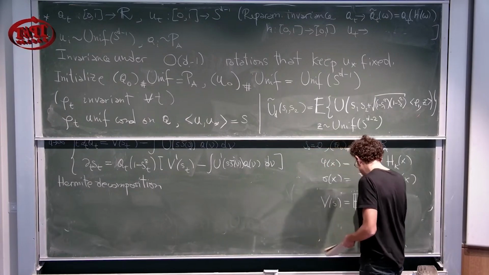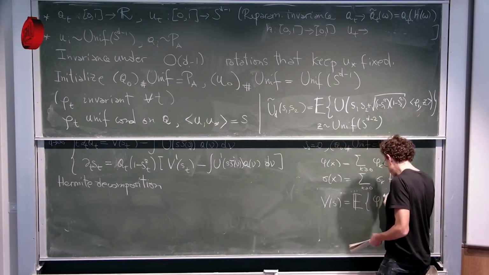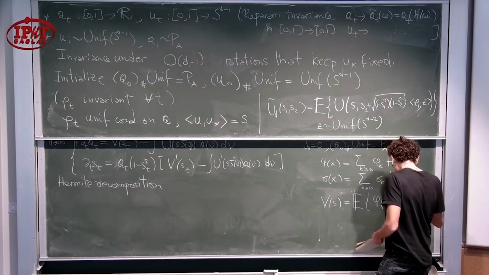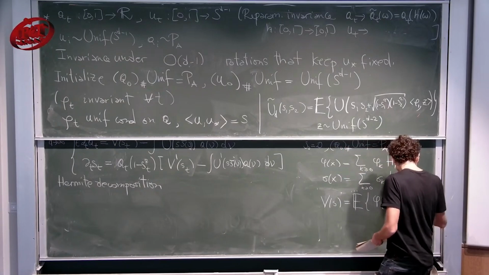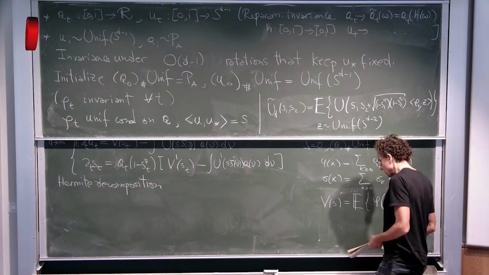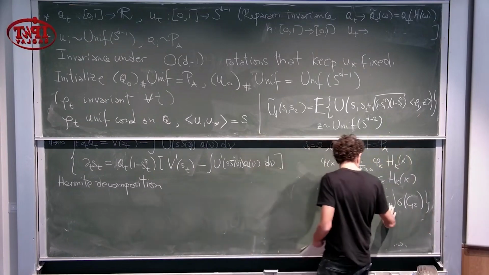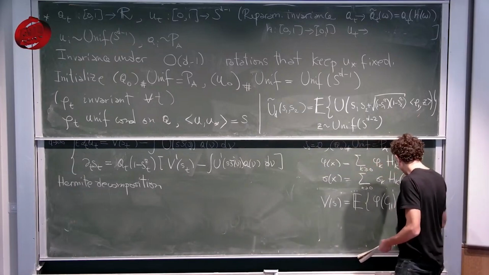So this is, remember, phi of G1, sigma of G2, where G1 and G2 are correlated, let me call them G1 and GS.